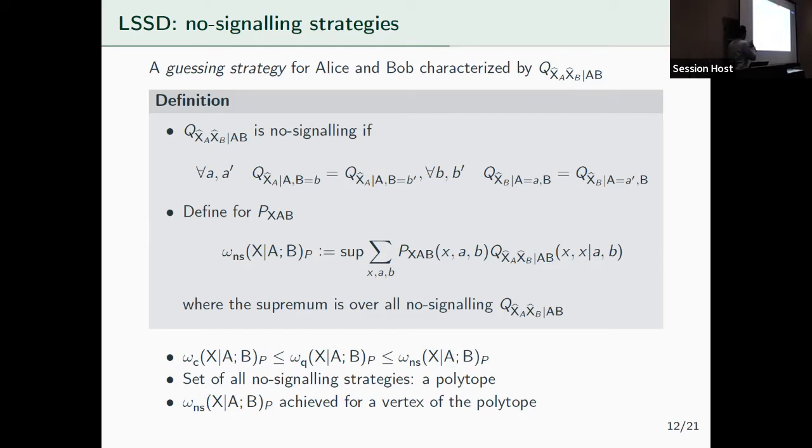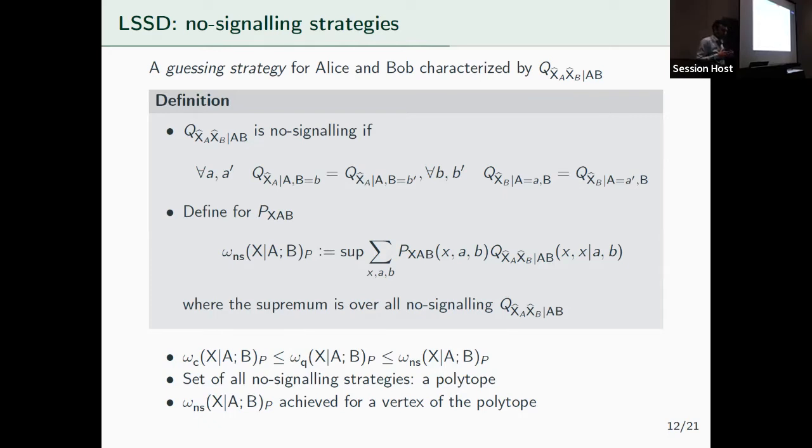We define a class of this kind of distribution in this way. If you look at the marginal distribution of X A hat given A and B, it shouldn't depend on B. We call it no signaling because it intuitively makes sense.